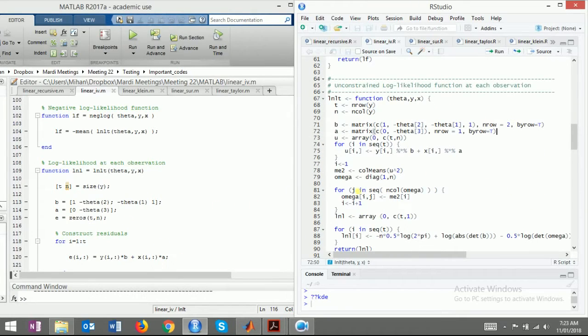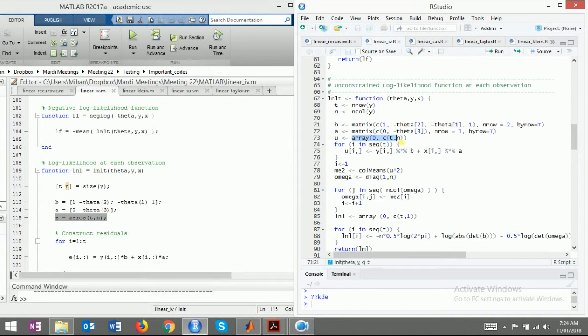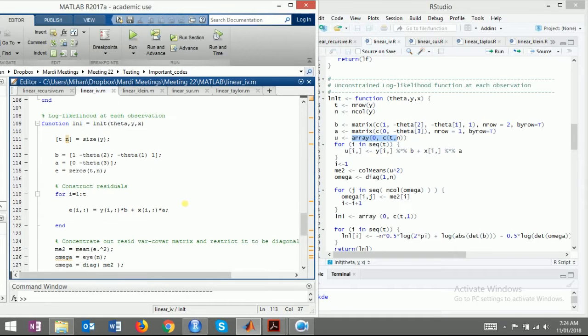U is zeros, E residual is zeros, t rows and columns, right? Because for every observation there will be a residual. So construct the residual using the residual equation, by plus ax. Very simple. The loop begins and ends.